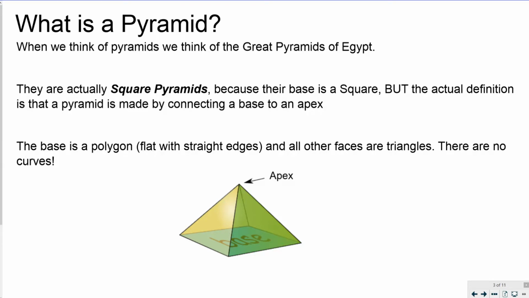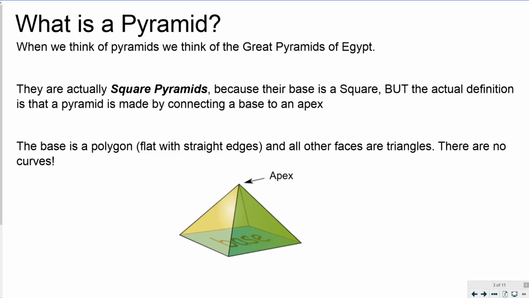So, you can pause here if you need more time to write, but what is a pyramid? When we think of pyramids, we think of the Great Pyramids of Egypt. They're actually square pyramids because their base is a square, but the actual definition is that a pyramid is made by connecting a base to an apex.